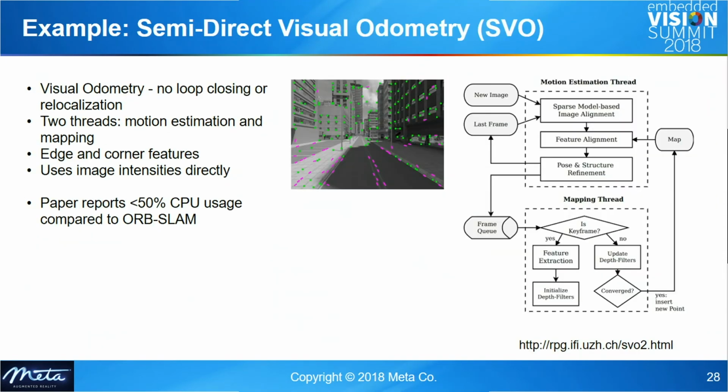So another method, which is slightly newer, from University of Zurich, is called semi-direct visual odometry. The authors claim this to have less than half of the compute load of OrbSLAM while getting similar or even higher accuracy in the tracking.